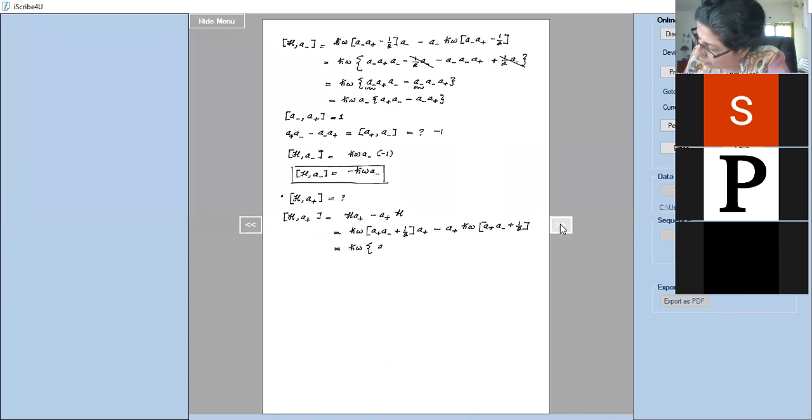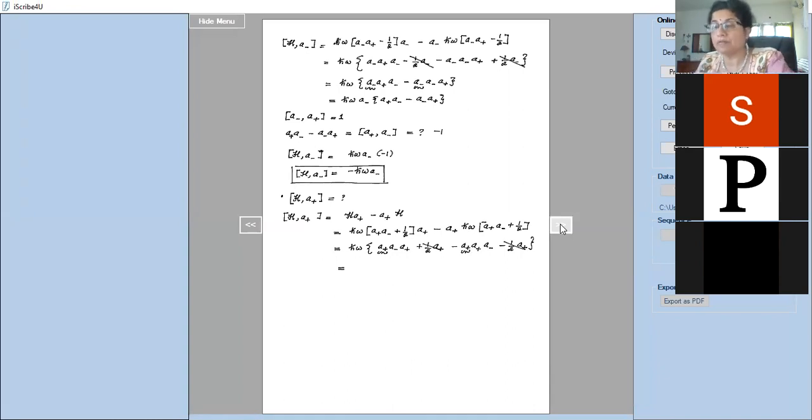We will have A plus A minus A plus, half A plus, minus A plus A plus A minus, and then minus half A plus. Again this term and this term will cancel, and we can take out the A plus from the left-hand side.